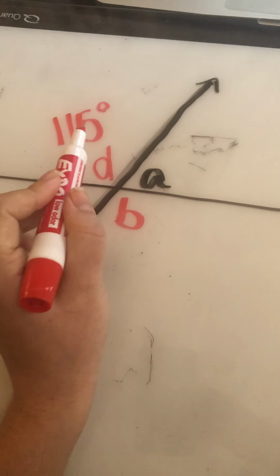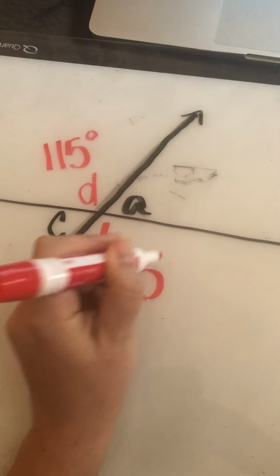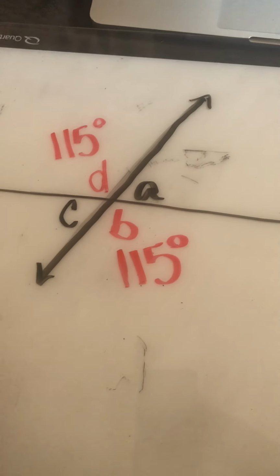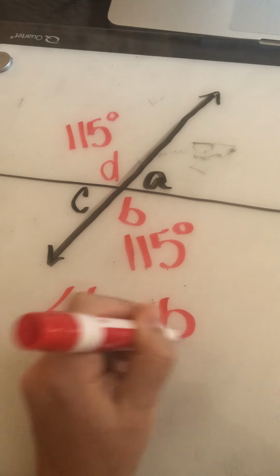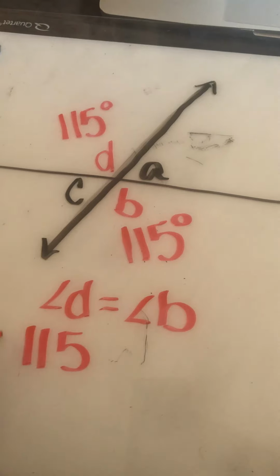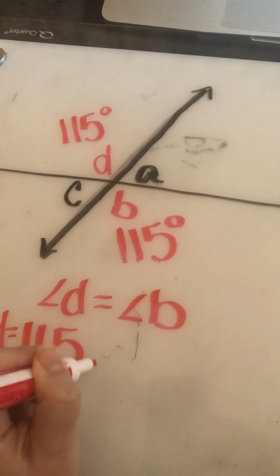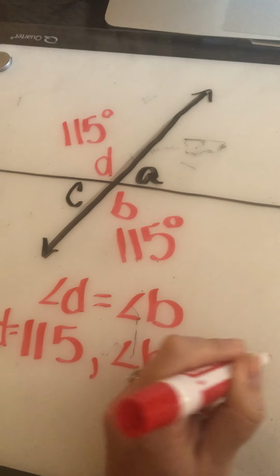The other angle that would be 115 would be B because they are vertical to each other. Vertical means opposite one another. Okay, so angle D equals angle B. So if angle D is 115, then angle B would also be 115.